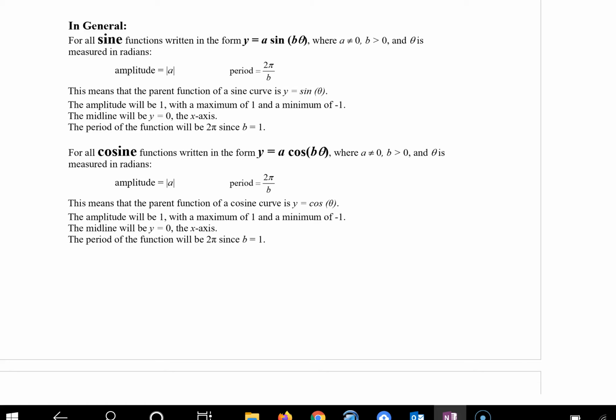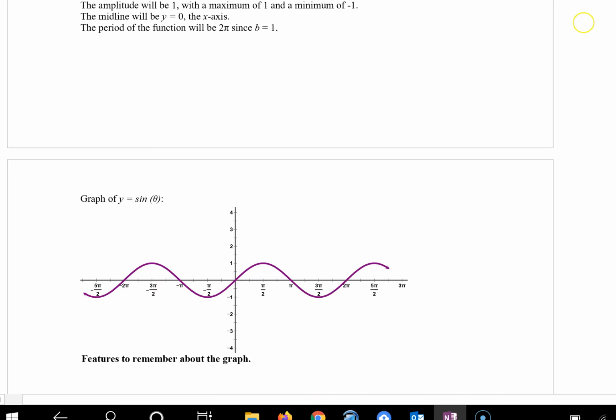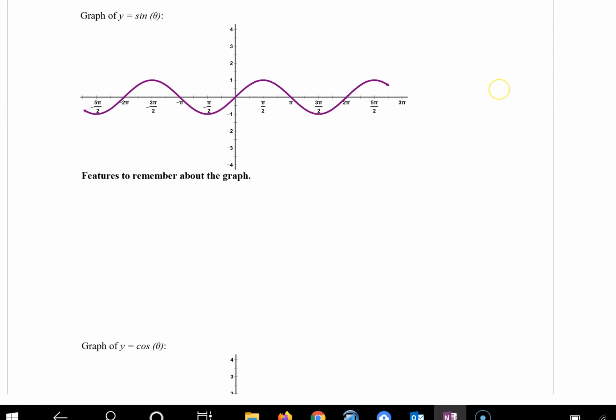Hi, it's Mrs. Angotti, and we're recording a video which goes through the examples from the 13-4, 13-5 handout. So we left off where we had looked at the basic forms and talked about the patterns you would see when graphing sine.